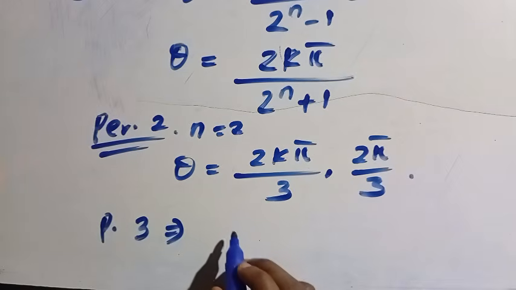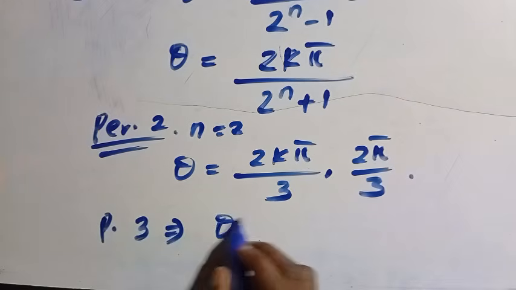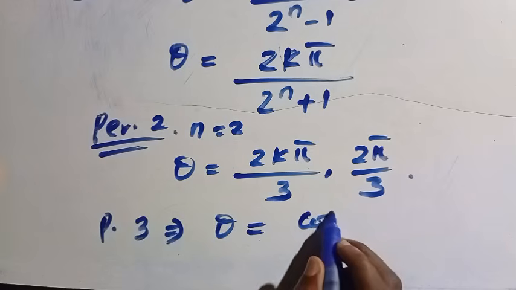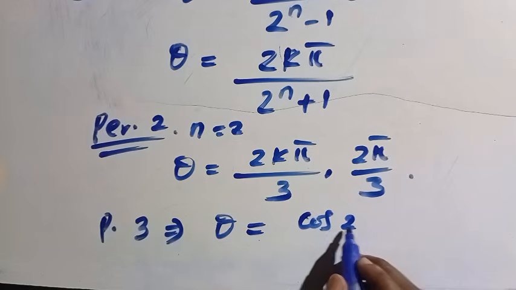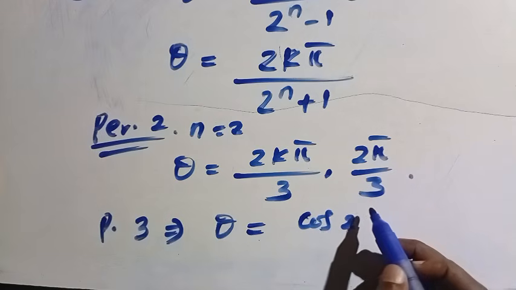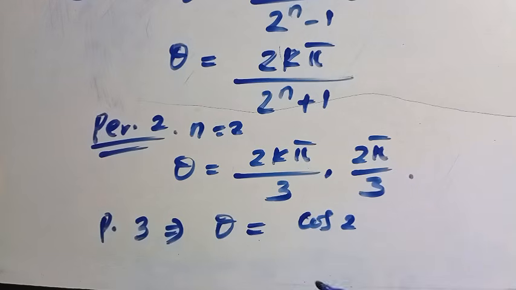When we substitute everything, we get theta equals 2 pi divided by 7, and if we substitute, we get cos of 2 pi divided by 7.